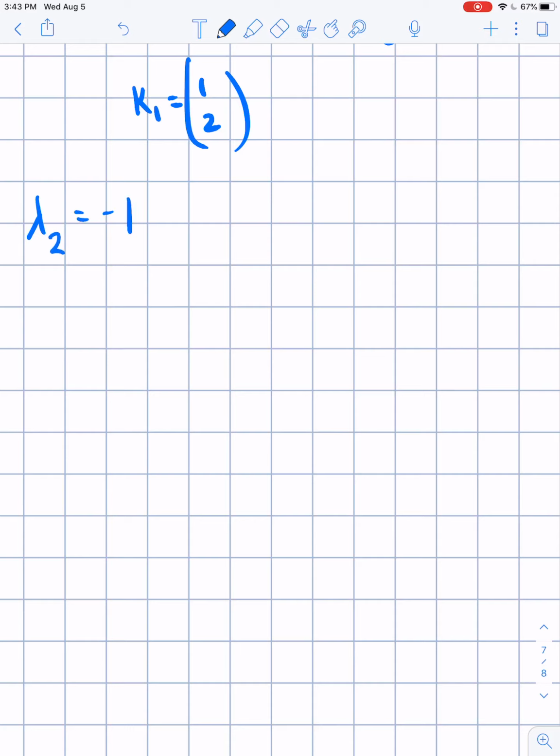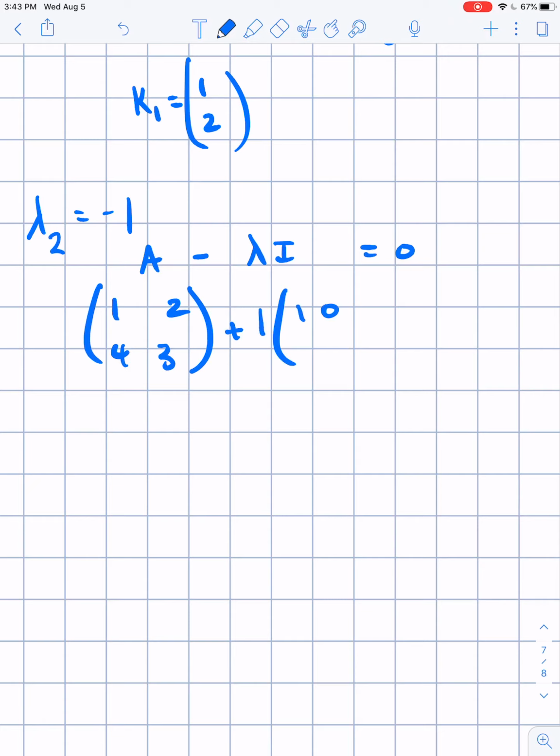Now lambda sub 2 is negative 1, we're doing the same thing. So it's A minus lambda I, and we're setting that to 0. So I still have the same matrix, 1, 2, 4, 3. Lambda this time is negative 1, which is going to make that a positive 1, and then you have 1, 0, 0, 1, times x, equal to 0.